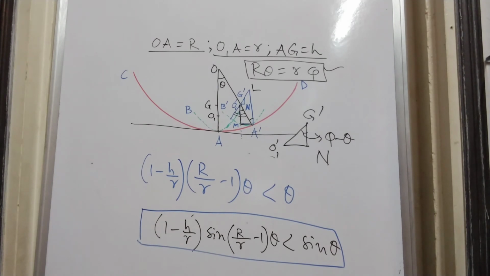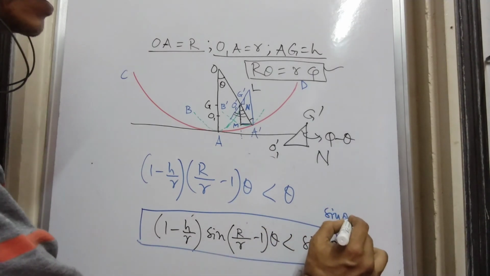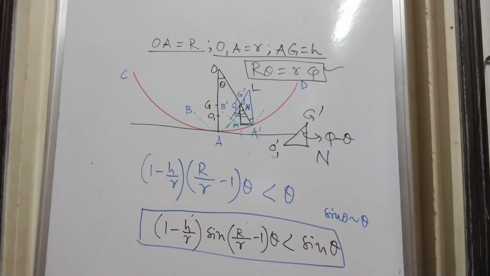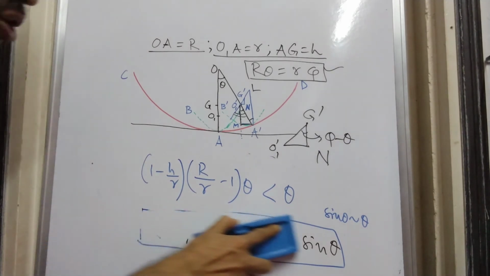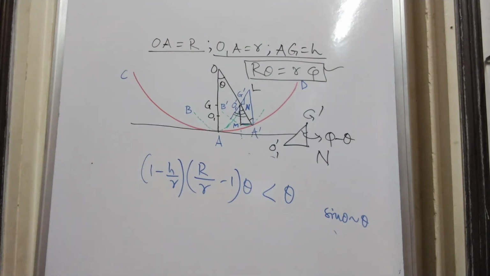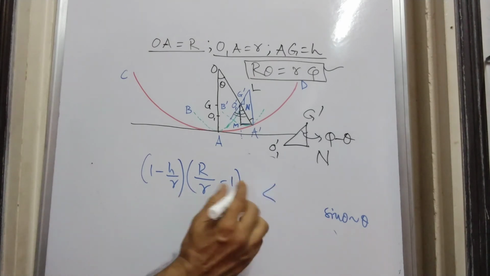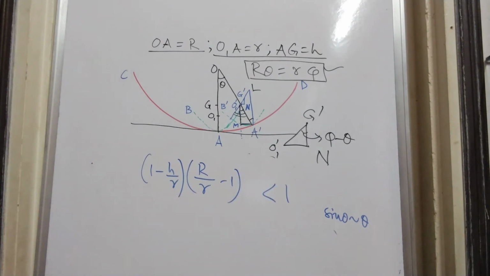This is permissible because for all small values of theta we have sine theta tending to theta. This is a concept of limit. So we reach this relation, which is nothing but, if we cancel theta from both sides, it looks like this.